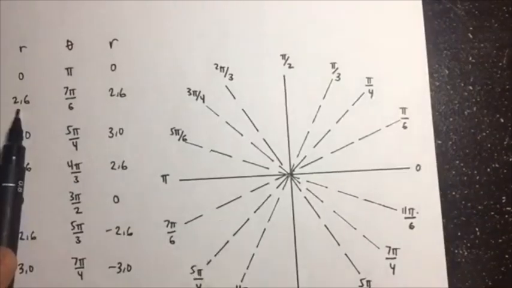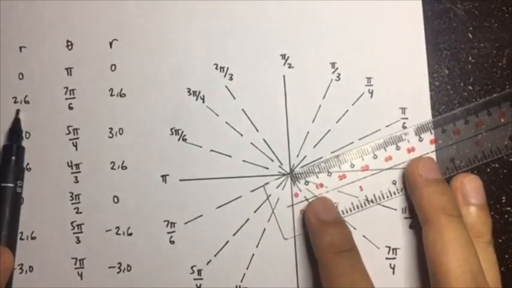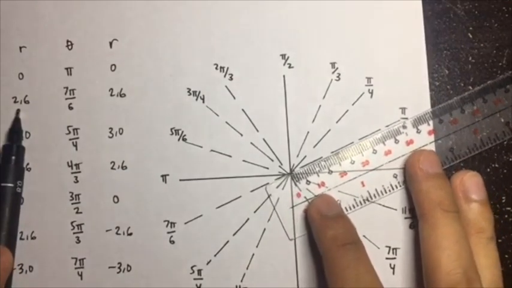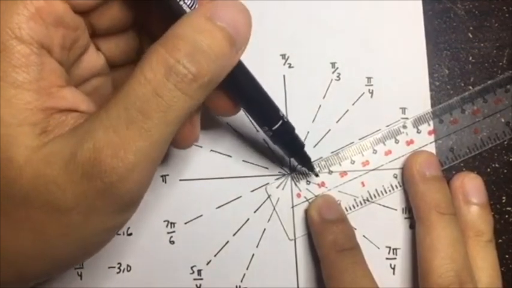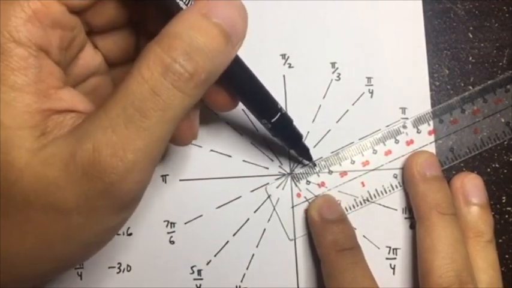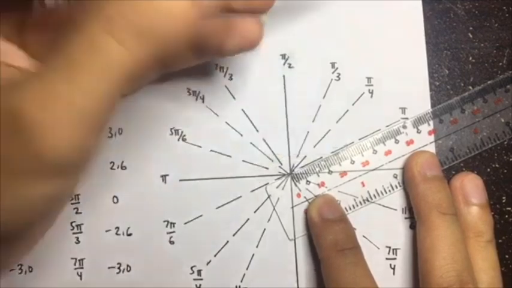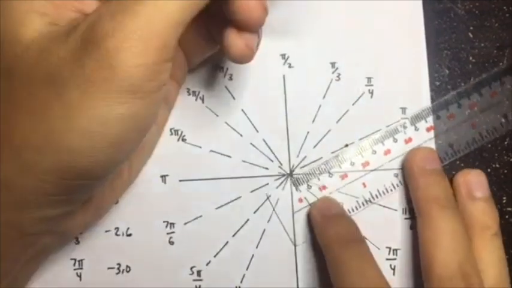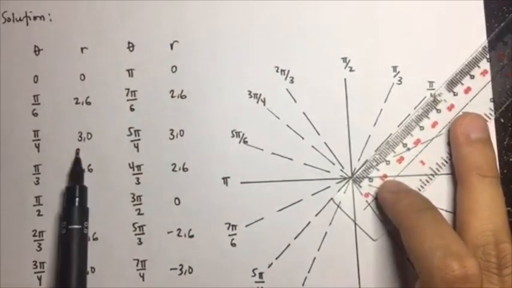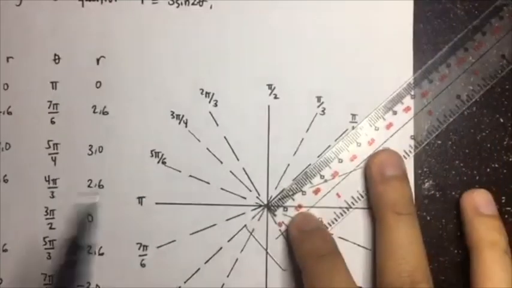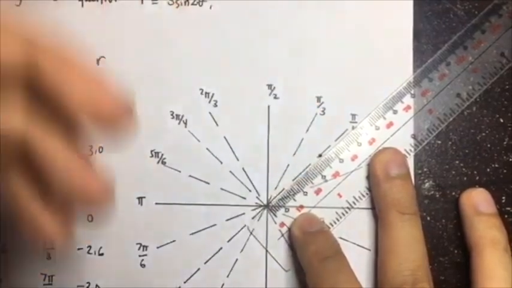We can use our rulers to measure 2.6. In this case, I will be using 1 centimeter. So 1, 2, and then 2.6 is around here. And then 3 here at pi over 4, r's value is 3, so it's around there.